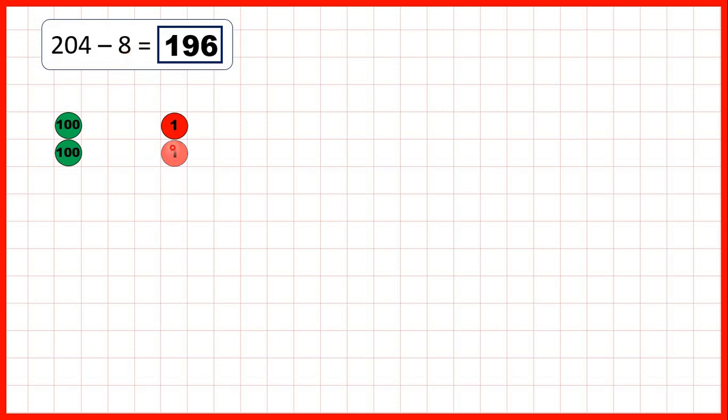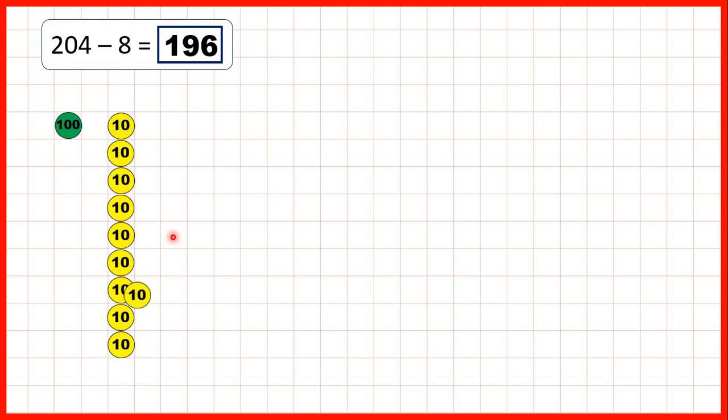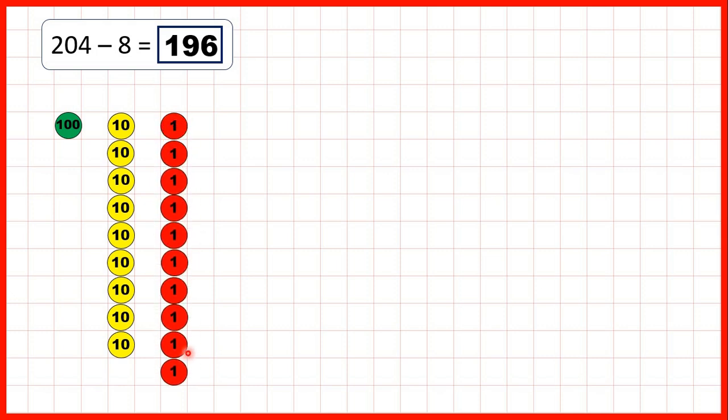Then 204 minus 8. We can subtract 4 ones, but then we need to exchange our 100 counter for 10 tens so that we can take one of those tens and exchange it for 10 ones. So because we've already subtracted 4 and need to subtract 8, we just subtract 4 more, and that leaves us with 196.